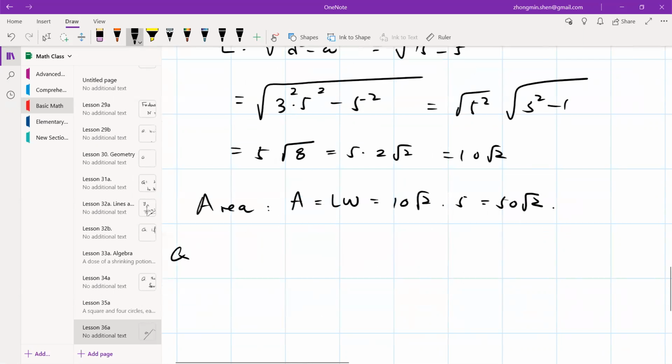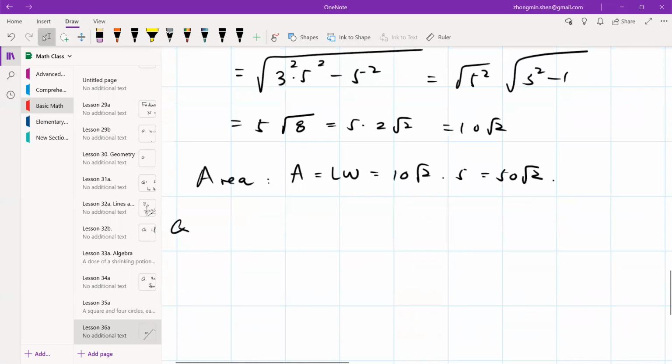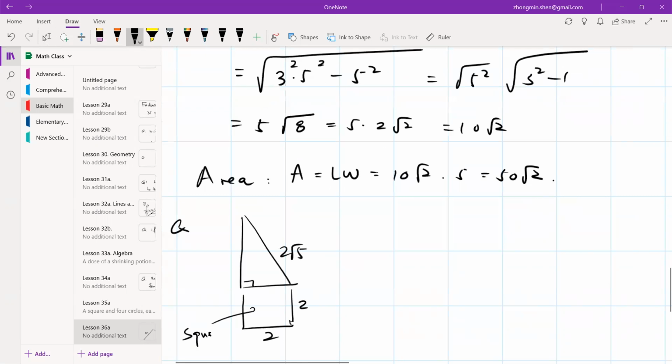All right. So here's a square with side length of 2 units constructed on the side of a right triangle whose hypotenuse has length of 2 square root of 5. So this is a right triangle, and this is going to be a square. So that will be 2 and 2. It's a square. Okay.